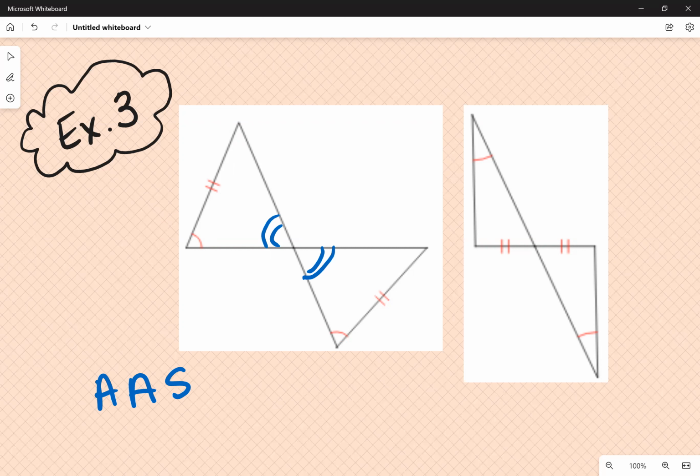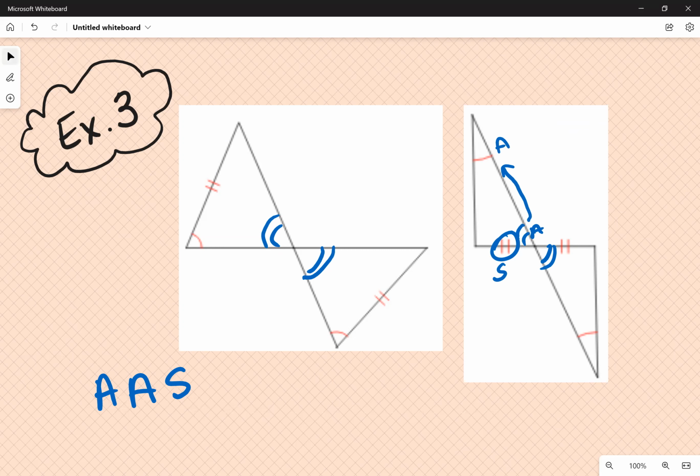So let's do the same thing over here. This time I see a side. I don't see anything here. I don't see anything here. So I can't just jump. It has to be consecutive. I see vertical angles here. But again, I already have 1 arc mark. So I'm just going to make that 2. So I see a side. I see an angle. And then I see another angle.